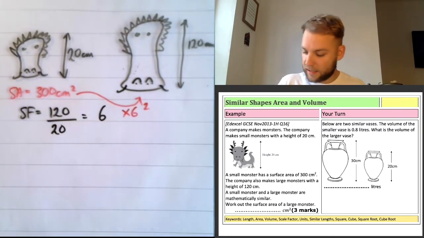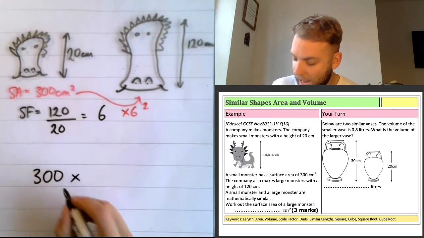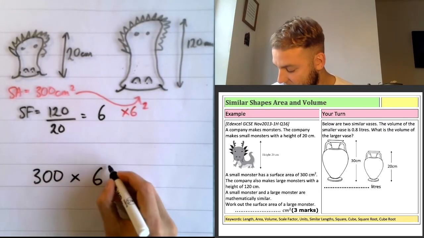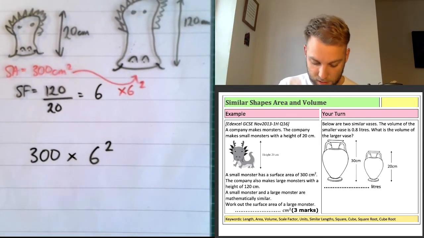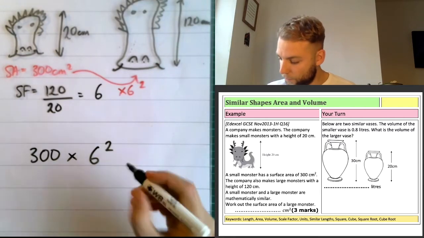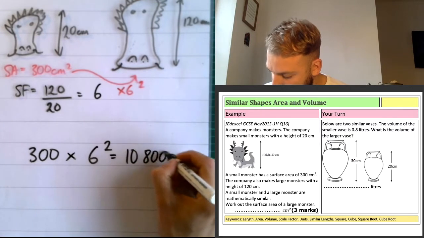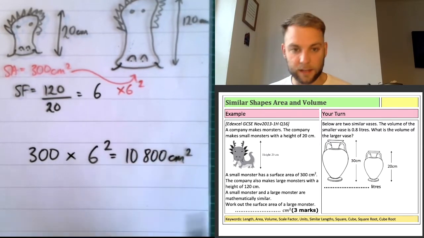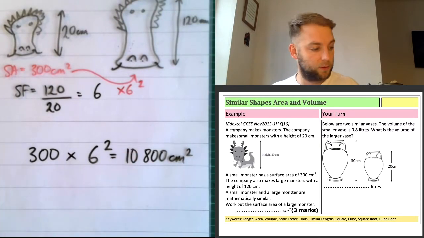So in this case, it's going to be 300 times by 6 squared, which is equal to, quite a big number, 10,800 centimetres squared. Brilliant. Hopefully you got that right. If not, get this in your notes.